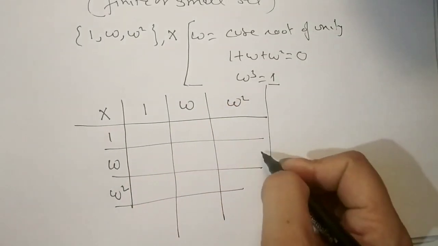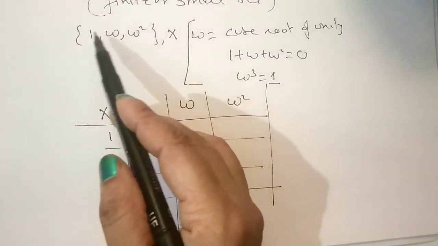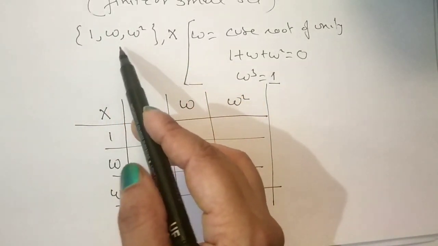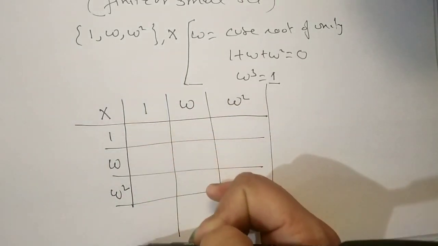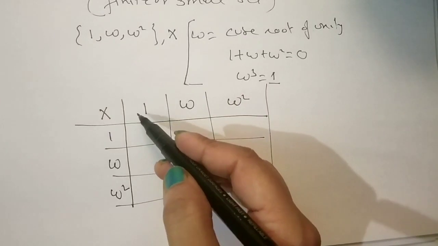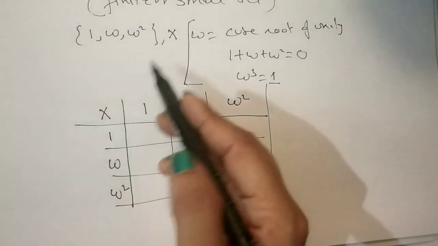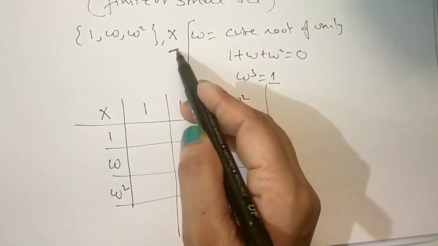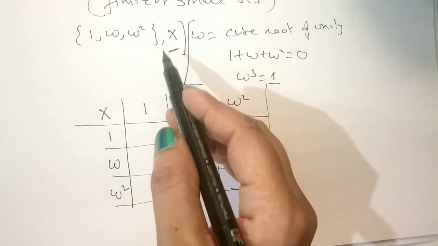I am repeating the same thing again. Write all the elements of the set on the row and the column side, vertically and horizontally. Now write here the sign of the operation, whatever is given. Here I have taken the sign of multiplication and I am checking whether this is a group or not.